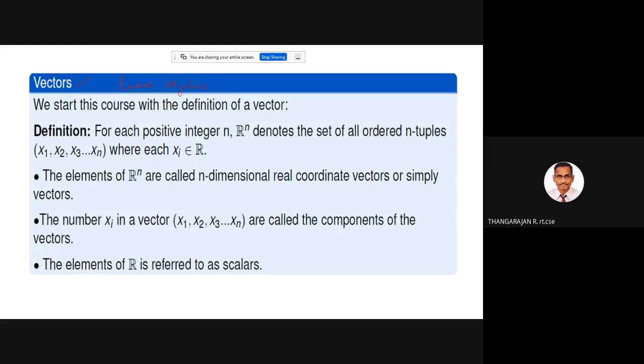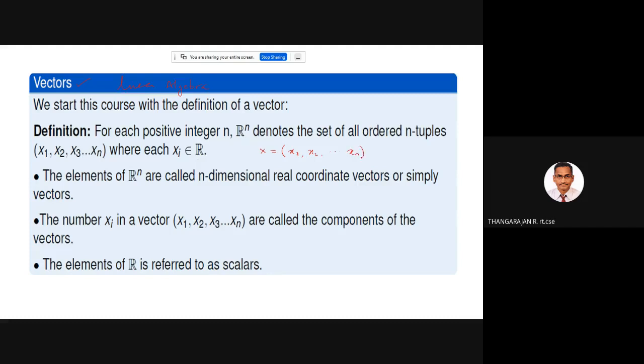So what is a vector? A vector is just a tuple which belongs to R^n. So x is a vector consisting of components x1, x2, up to xn.